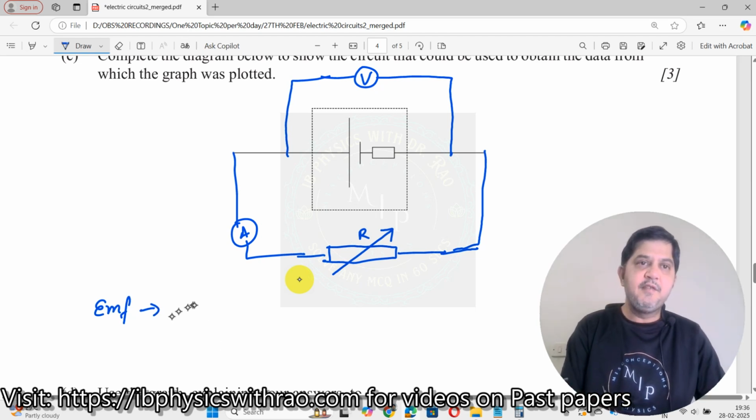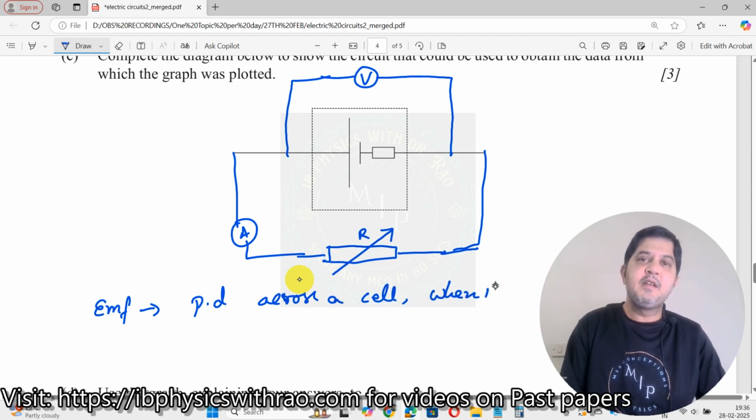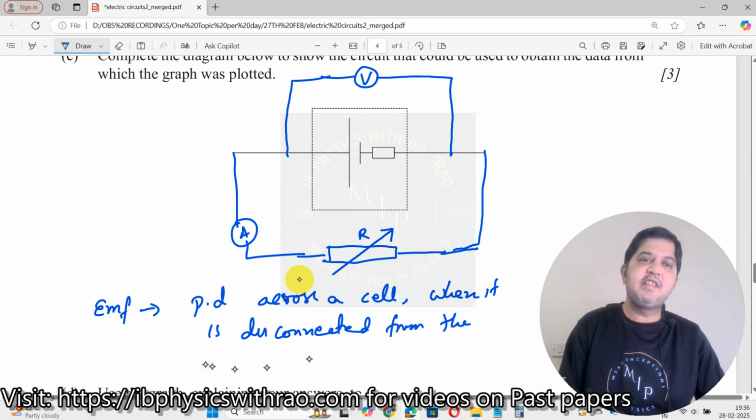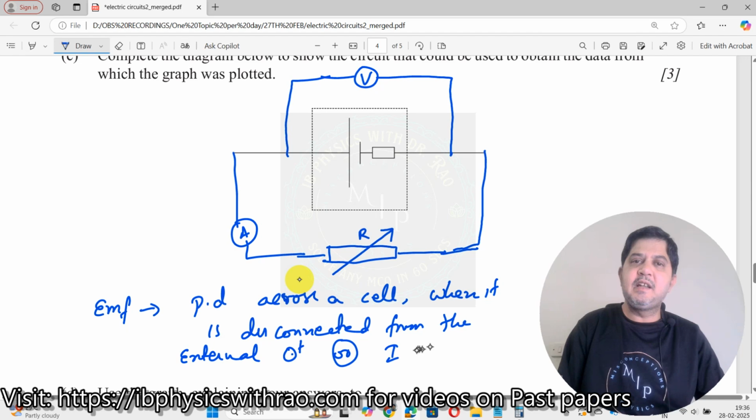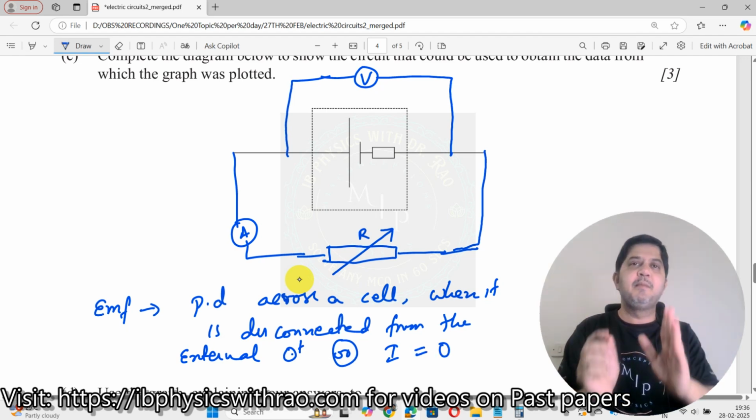You say that it is the potential difference across a cell when it is disconnected from the external circuit. Or very simply you can just say that when the current through the battery is equal to 0, then whatever voltage you see there, that is nothing but e.m.f.